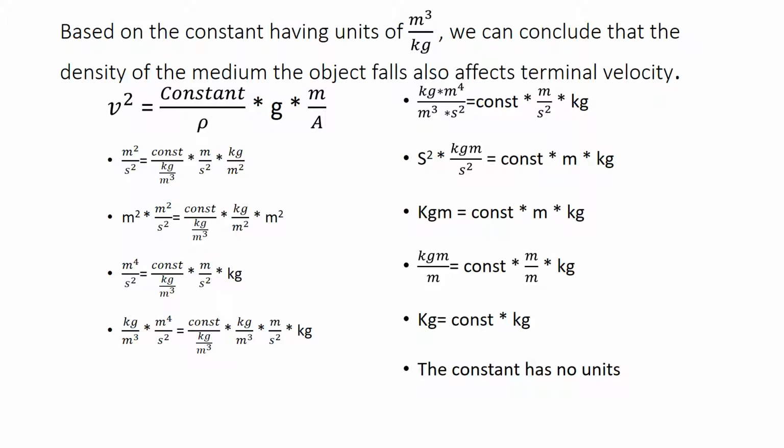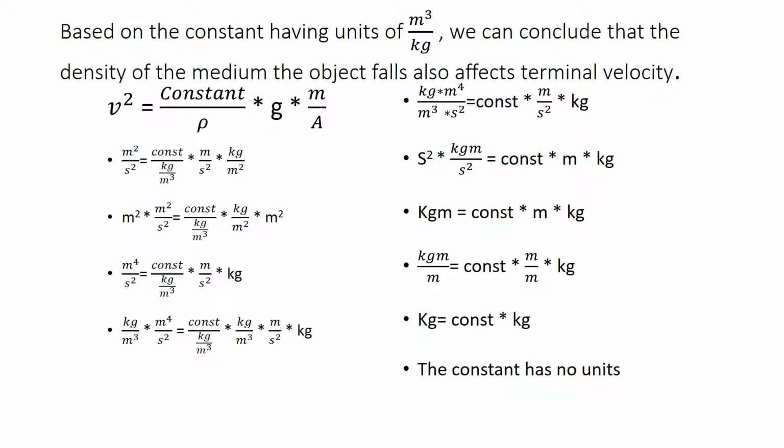So the next thing I would probably do is multiply both sides by kilograms per cubic meters. And then you're going to end up with kilograms times meters to the fourth power divided by cubic meters times second squared equals the constant times meters divided by second squared times kilogram.